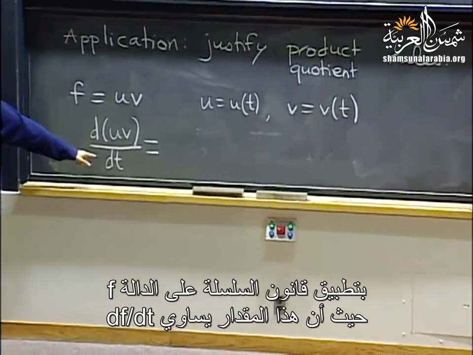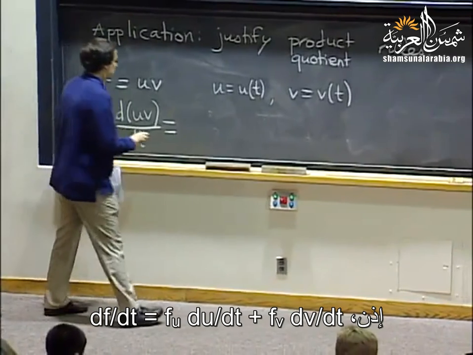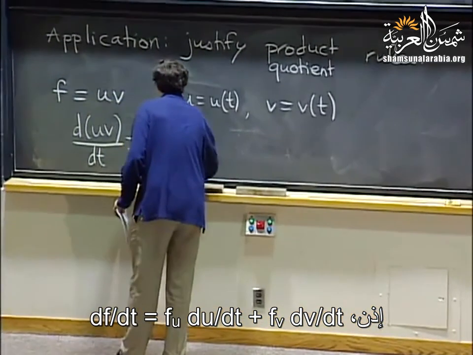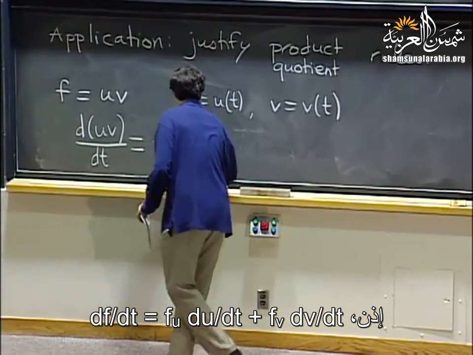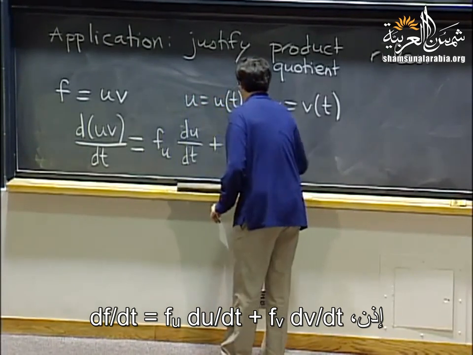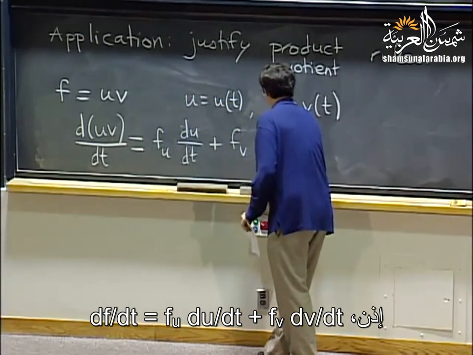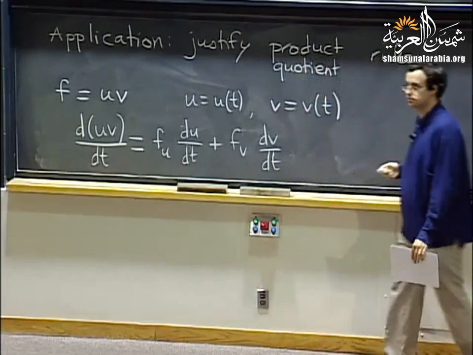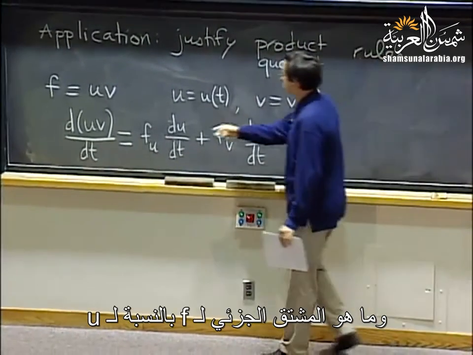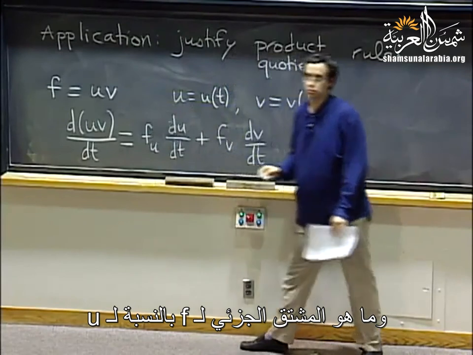So df dt should be f sub u du dt plus f sub v times dv dt. Now, what is the partial of f with respect to u?